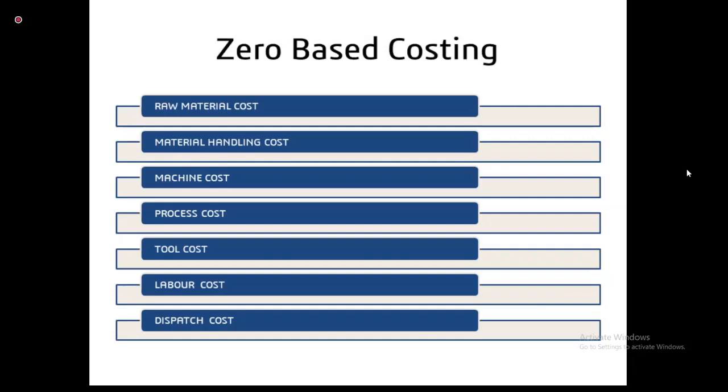So what happens is that your cost is foolproof. The process of zero-based budgeting starts from zero base. Whenever I do the costing of the component or the budgeting of the product, I start the calculations right from its baseline, that is, right from its zero base. That is the reason it is termed zero base.